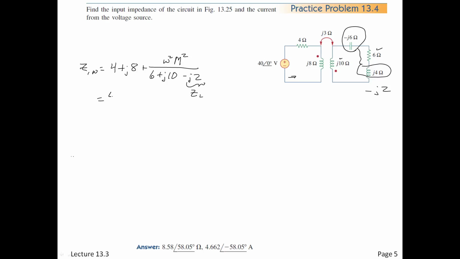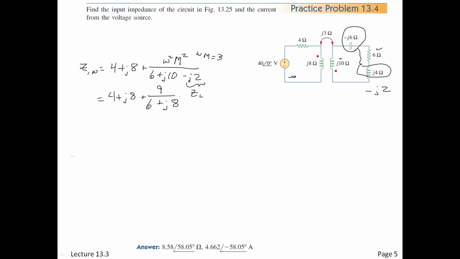Okay, and so this gives us 4 plus j8 plus our omega m is 3, right? Omega m is 3. So this gives us 9 over 6 plus j10 minus j2 plus j8.